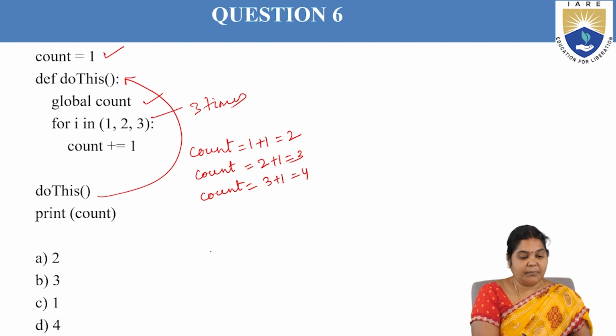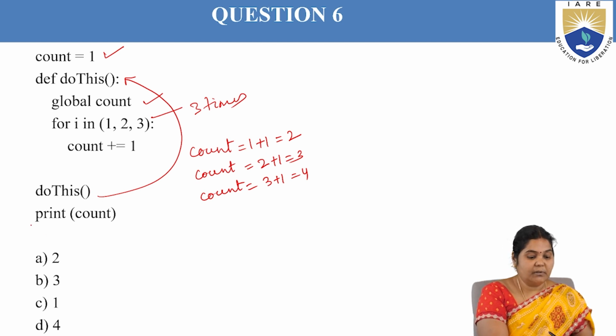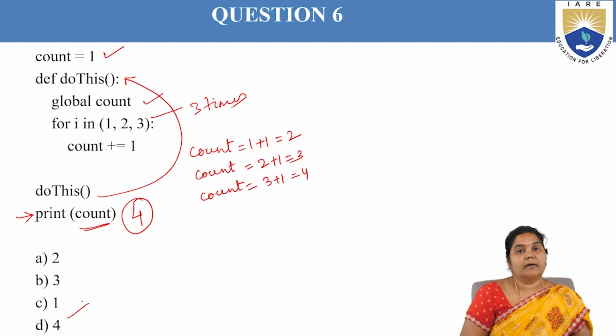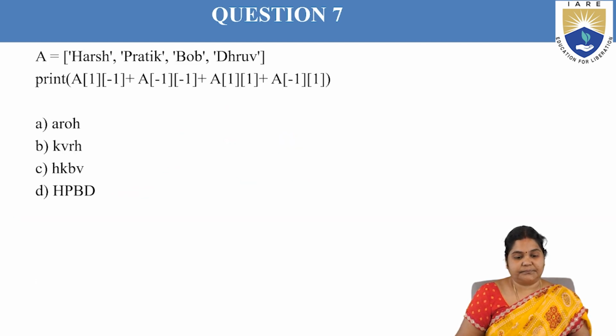As count is a global variable, when this function is over and there is a print statement to print the value of count, 4 will be printed as the answer. So the answer for this question is 4. I hope this question and its solution is understood. Let us move on to the next question.